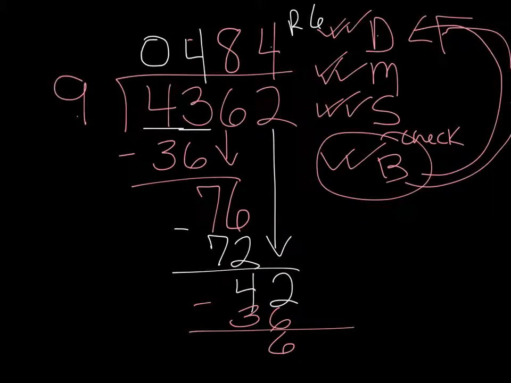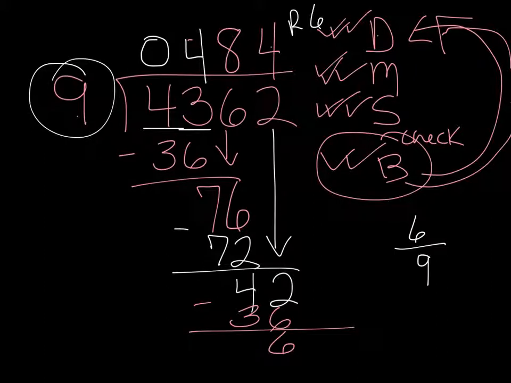Don't forget, you could also show that not as a remainder, but as a fraction if you were asked to, by using your remainder as your numerator, and your denominator, of course, is your divisor. That won't change. So it could be an answer of 484 remainder 6, or it could be an answer of 484 and 6/9.